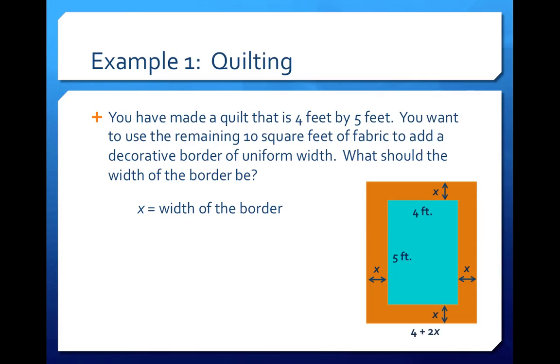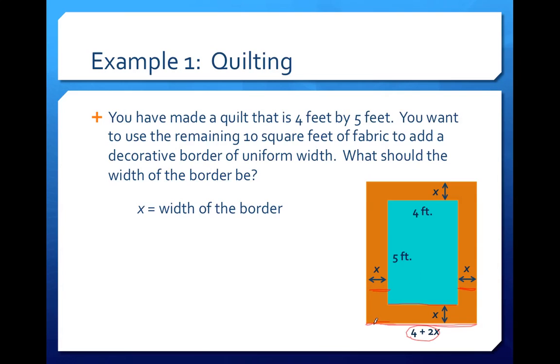That also means then that I can label the entire length and width. So the entire width right here of my quilt with the border is going to be this 4 plus 2x expression, because I have the 4 from the quilt plus an x here and an x here.